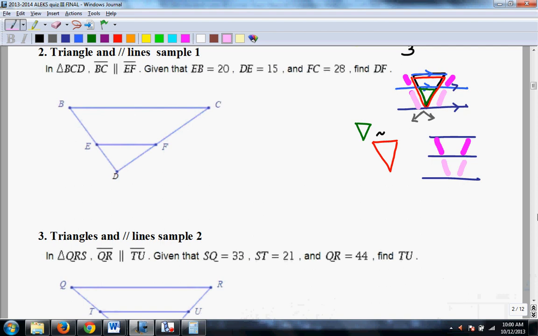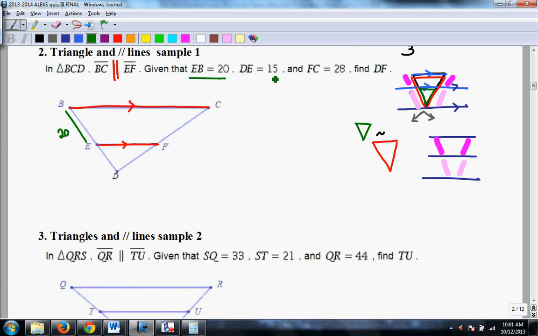So let's take a look at the information we have here. It's very important when you do these problems that you draw them out. So we are told very slowly that BC and EF are parallel. So BC, trace it, and EF are parallel. Next, we are told that EB is 20. So EB is 20.